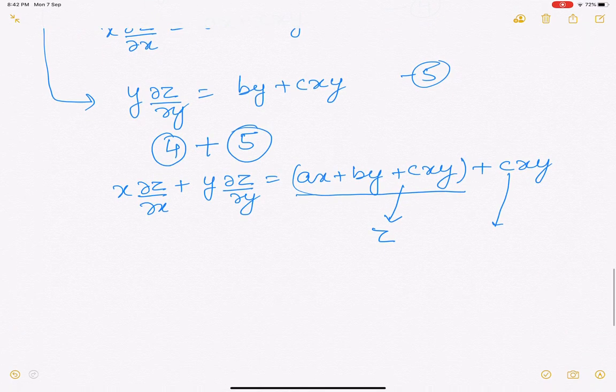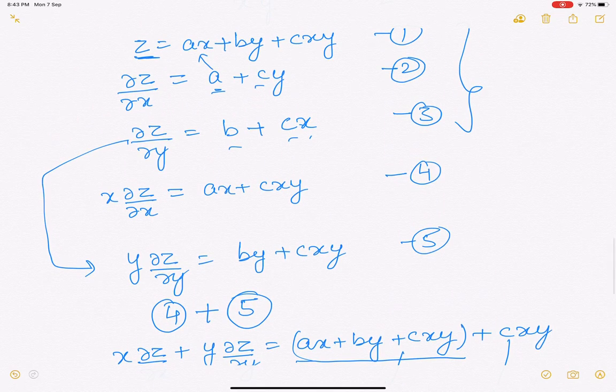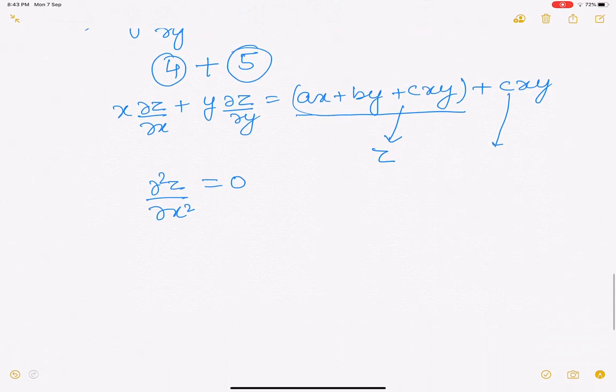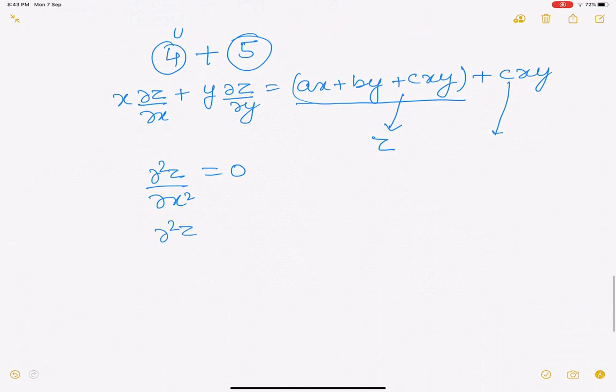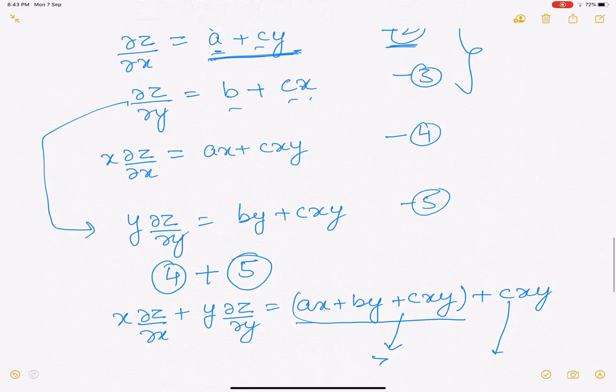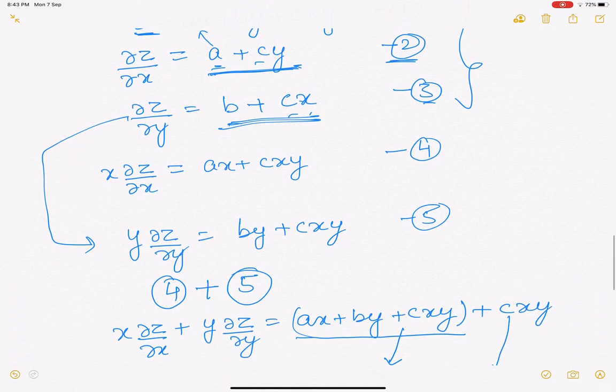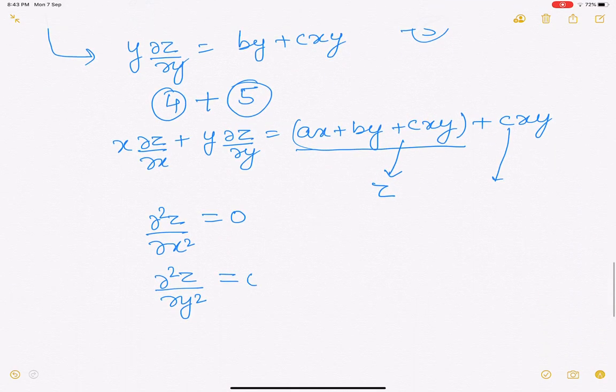So let us find del 2z over del x square. We have to differentiate equation number 2 with respect to x, and since there is no x in this, del 2z over del x square is equal to 0. Similarly, we will find del 2z over del y square also. We have to differentiate equation number 3 with respect to y, and this is also coming out to be 0.